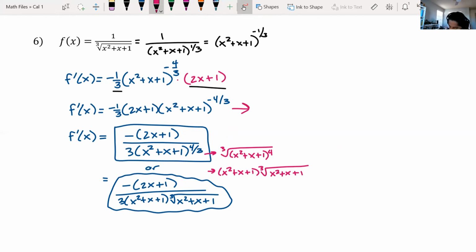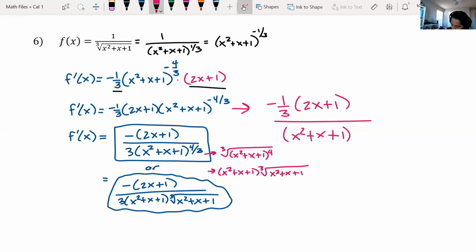So I could rewrite it as negative 1/3 times 2x plus 1 over x squared plus x plus 1 to the 4/3. But since I have a fraction up here, that 3 just comes to the denominator. Oh, okay. Cool. Thank you.